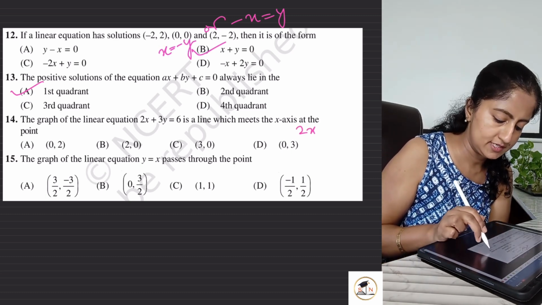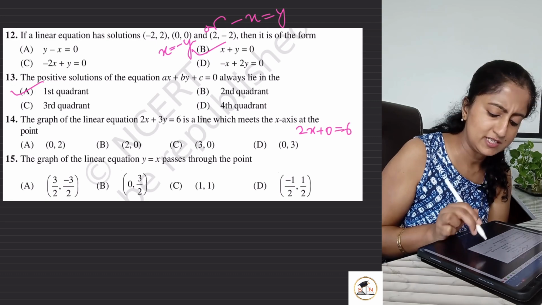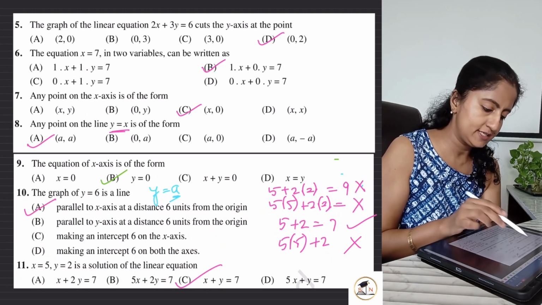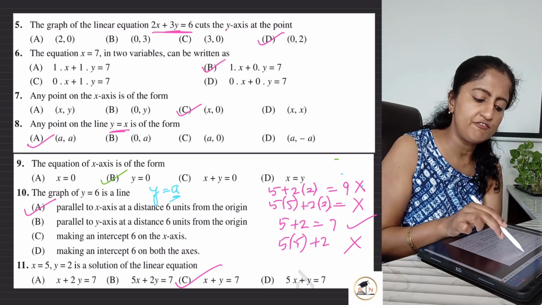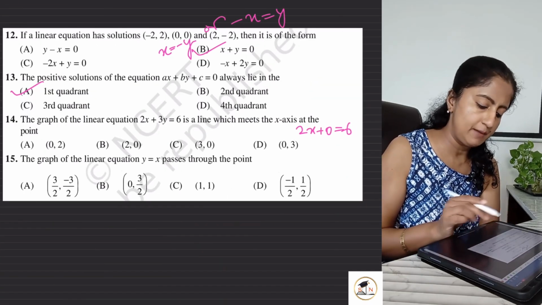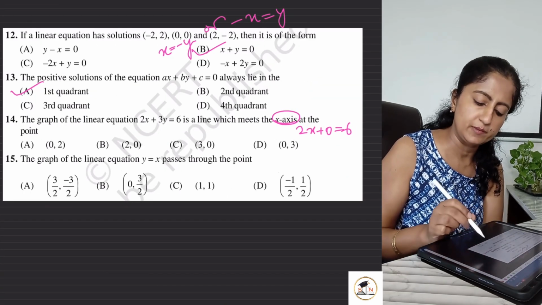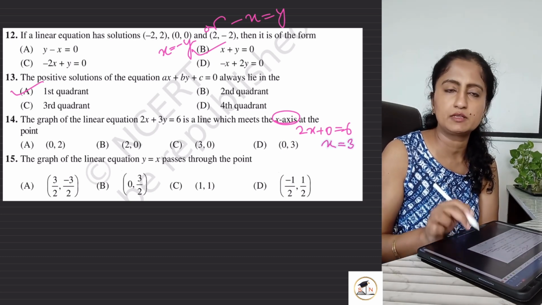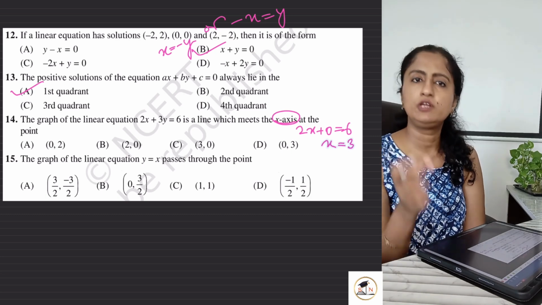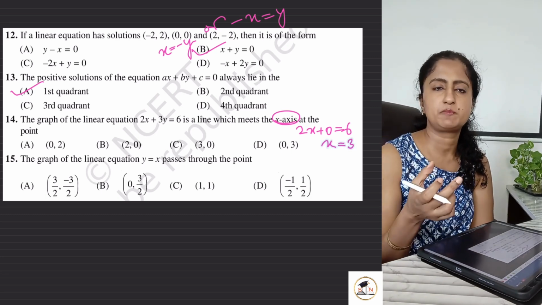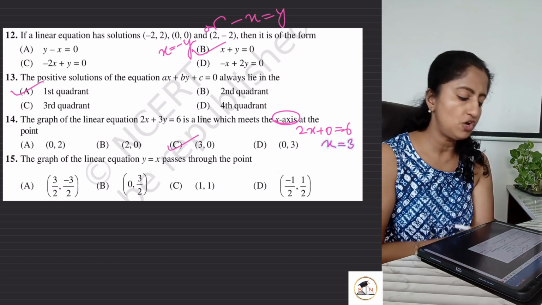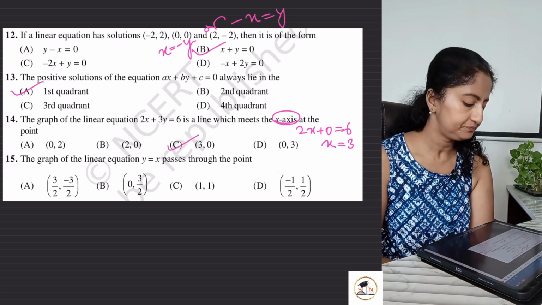We get 2x + 0 = 6. This is the same equation as on the previous page. We had 2x + 3y = 6. There the y axis was being discussed, here the x axis is being discussed. So what do we get? x = 3. x = 3 means what is the coordinate? 3, 0, because it is on the x axis, the y component is 0, right? So we have option C, right?